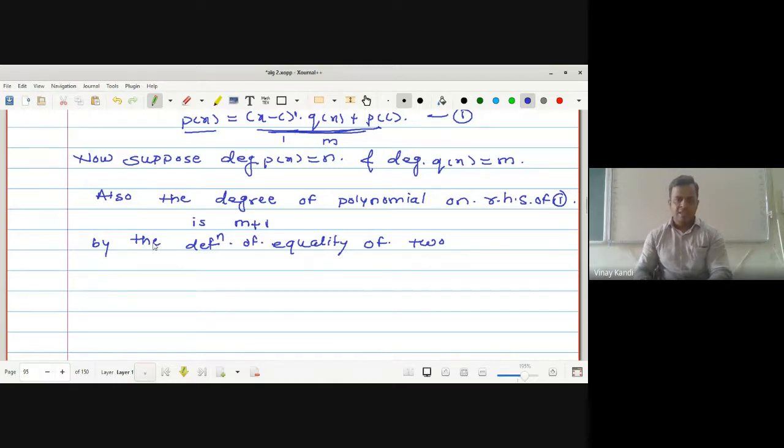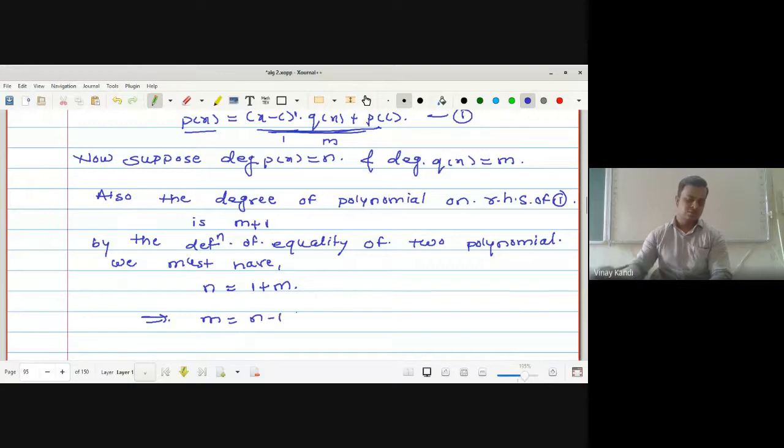So we must have: the degree of p of x is n, equal to m plus 1. This implies m is equal to n minus 1.